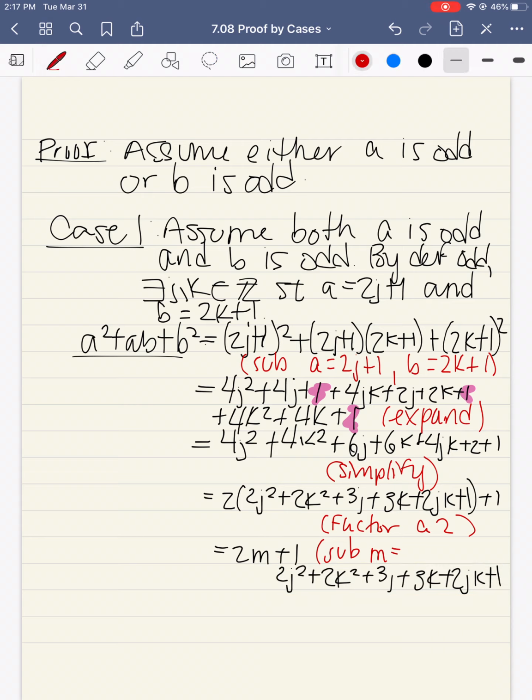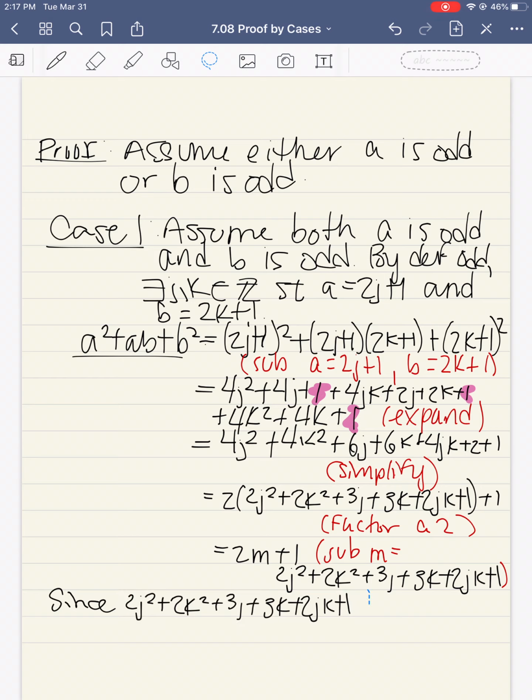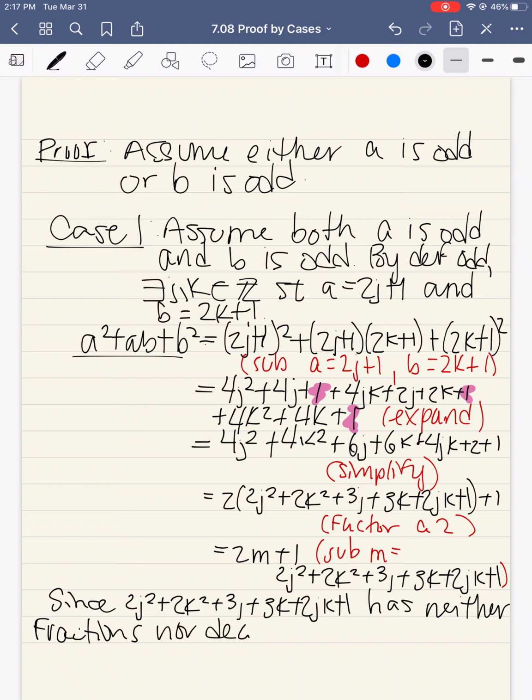Okay, so being lazy here, we're subbing that in, and so then we can say that since this quantity has neither fractions nor decimals, there exists an m that's an integer such that a squared plus ab plus b squared is equal to 2m plus 1 by our definition of odd.